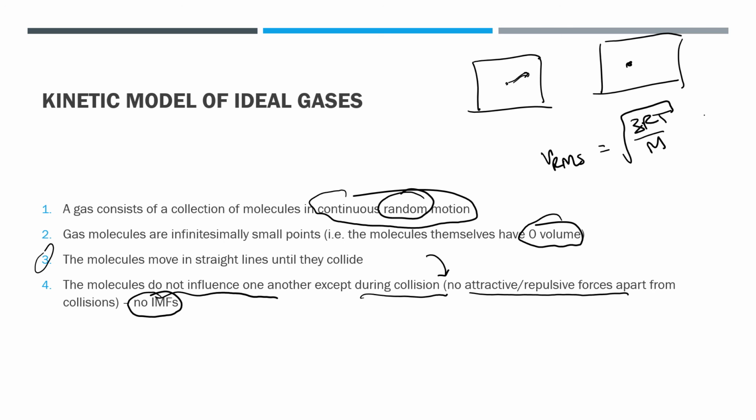So if I have this container with a bunch of gas particles, and I zoom in on one, how that one particle acts doesn't matter whether there was a billion other gas particles around it or none, because we assume there are no intermolecular forces.